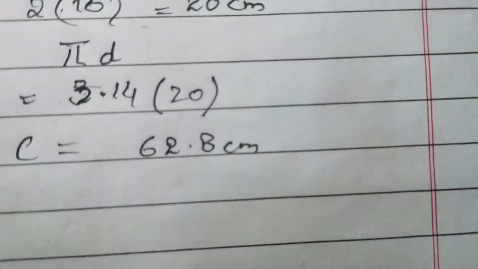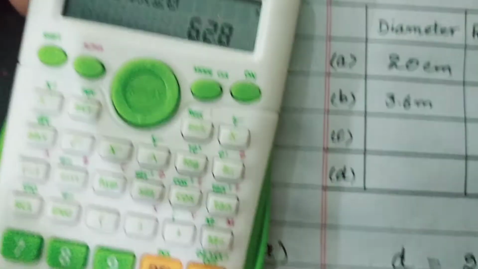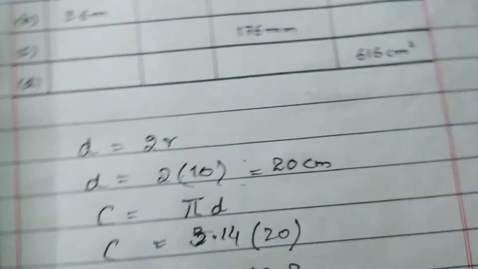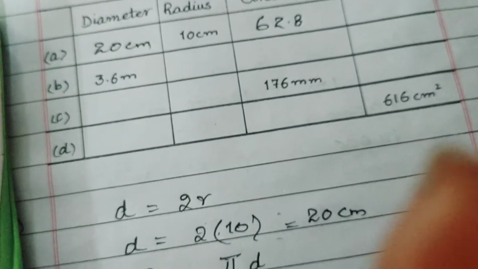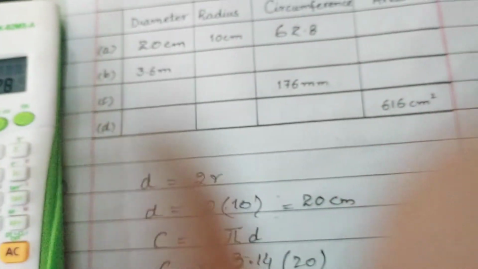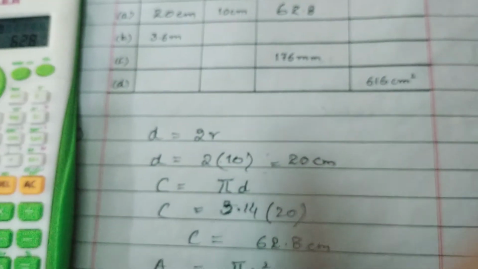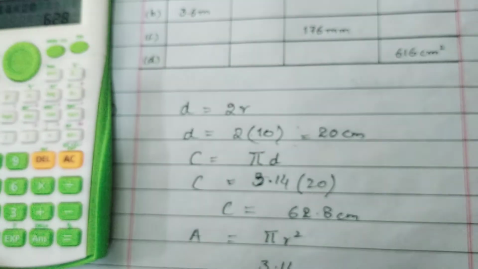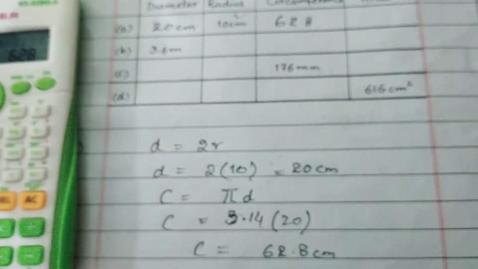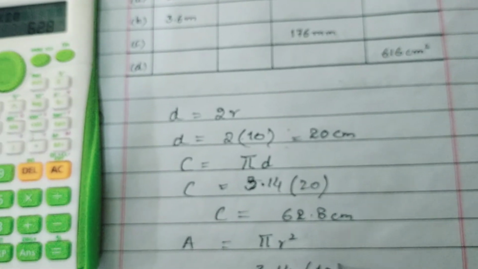Now circumference is 62.8 and area. To find out the area of circle, we have the formula pi r square. Pi is 3.14 and r is equal to, radius is 10 square.